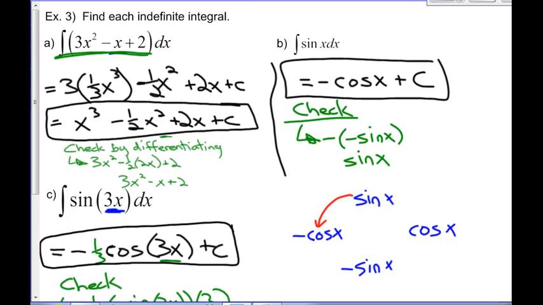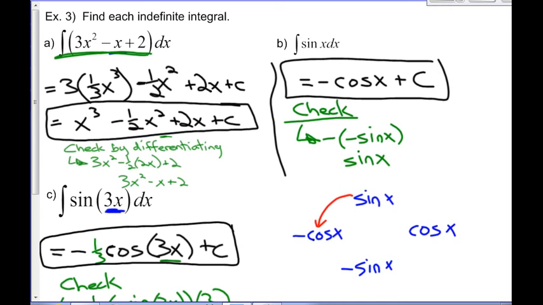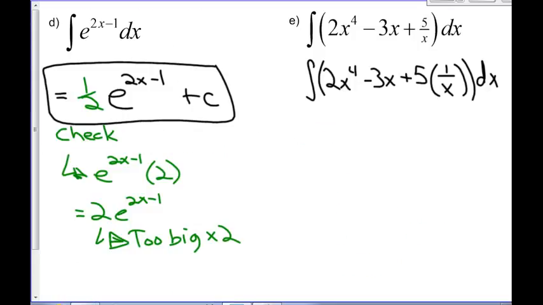And if we go back to our common antiderivatives, 1 over x, or a power of negative 1 on x, that is the special case. That anti-differentiates to ln of the absolute value of x. And the reason that it's absolute value of x is that 1 over x exists for negative numbers as well. So its antiderivative needs to as well.